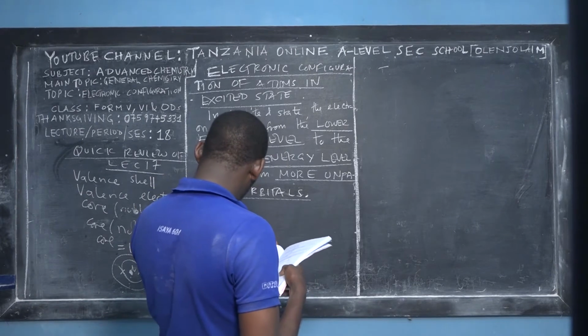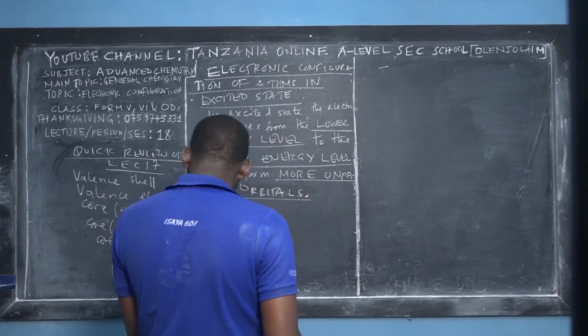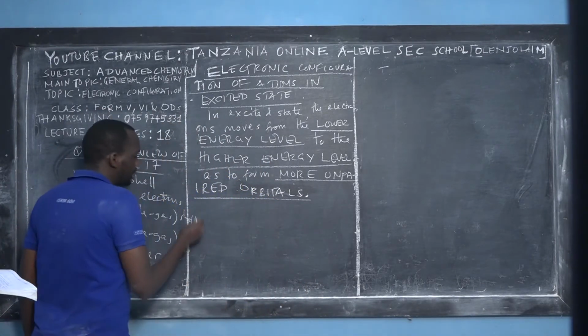Another piece of information is that excitation increases the ability of elements to form covalent compounds, or covalent bond formation. This process does not involve changing the number of electrons.